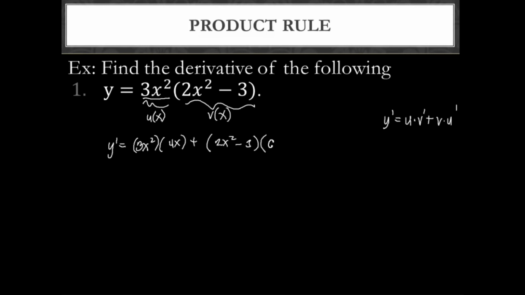This is 6x. Okay. Simplify. 3x squared times 4x ay 12x cubed. Okay? Next po natin, yung 6 i-distribute sa dalawa. Ito ay magiging 18x cubed minus 18x. Okay?